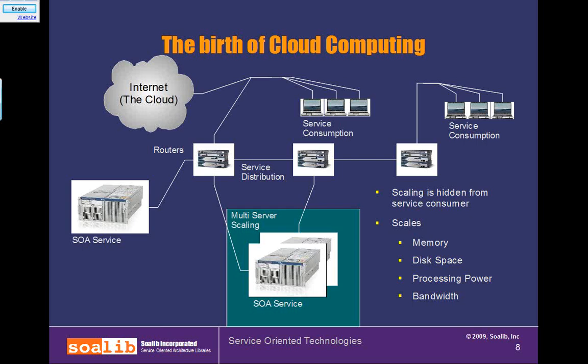But the application developers and the SOA developers have to develop applications based on these services and this hardware and software platform. From the perspective of the client consuming the services, the clients will never see that these servers are getting scaled automatically. All they see is that the services they have requested are getting processed.